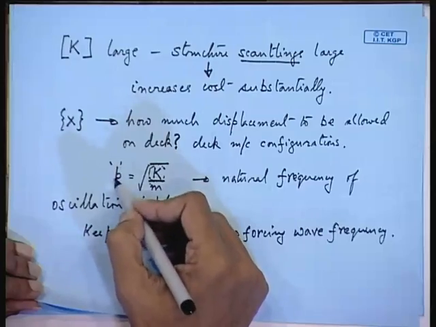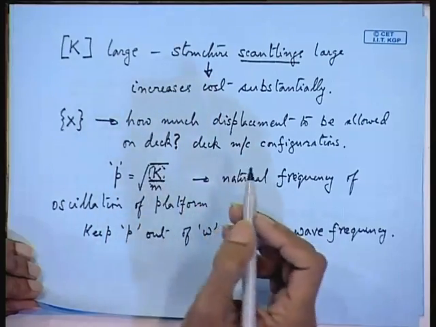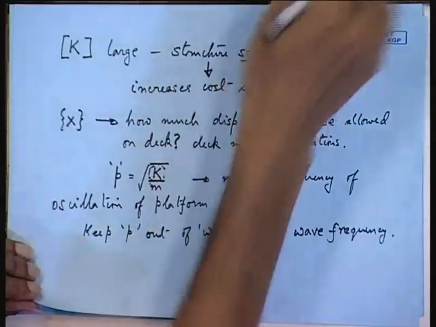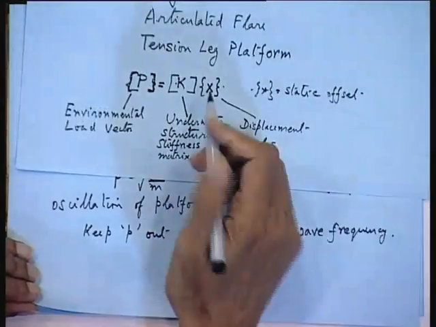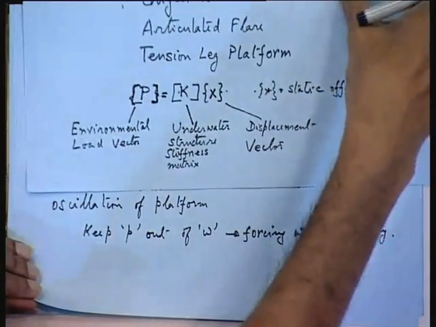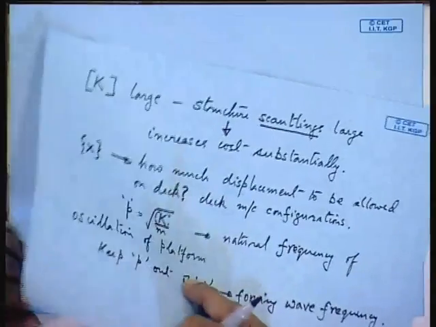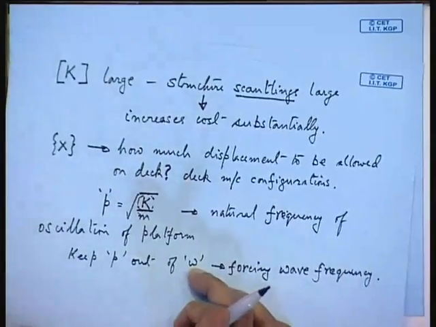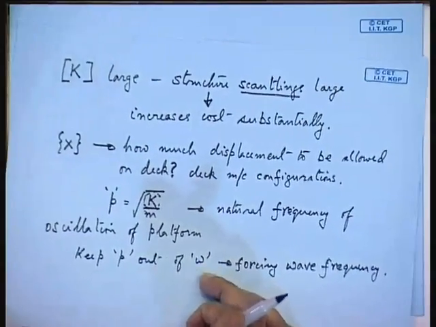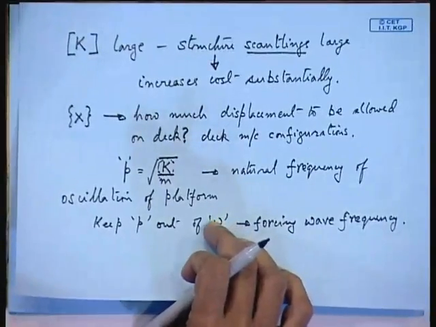So, this P is related both to k and m, but the trouble with k is you are increasing the structure size, especially for deep water. K is very important parameter. So, this is one of the considerations for your compliant, and later on you will find for the floating platform.